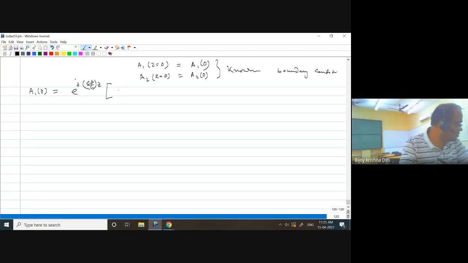Okay, so what we can write is something like this: cosine sz, I will explain what s is now, minus j delta beta by 2 sine sz by s, then curly bracket close, and then you have this one, right?